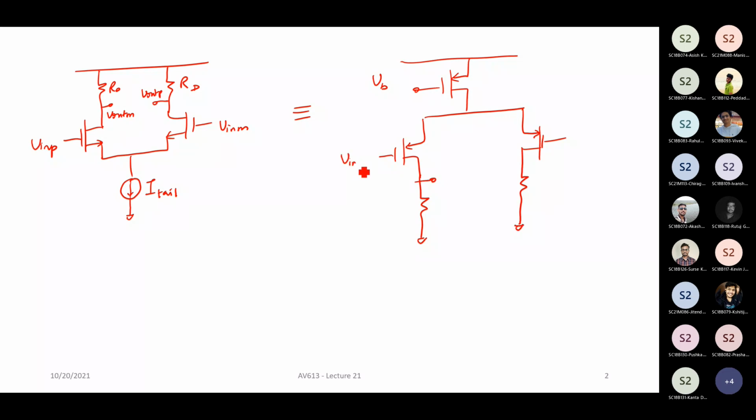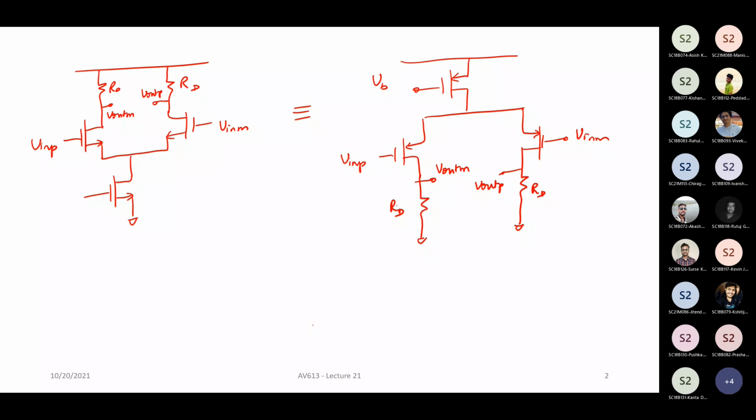And let's say this is V in P and this is V in M. Now this becomes V out M and this is V out P. Now, of course, here you have the NMOS tail current source. Now obviously there is going to be some R tail which is going to give rise to a finite CMRR.